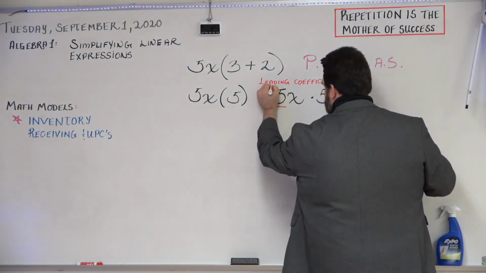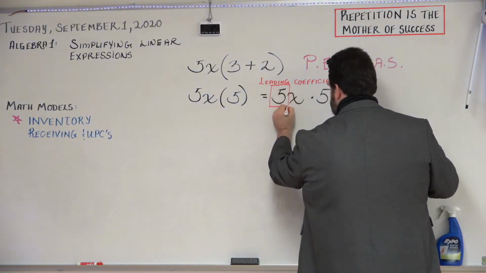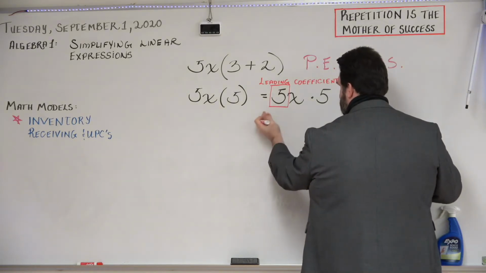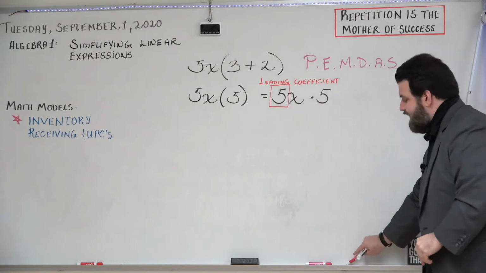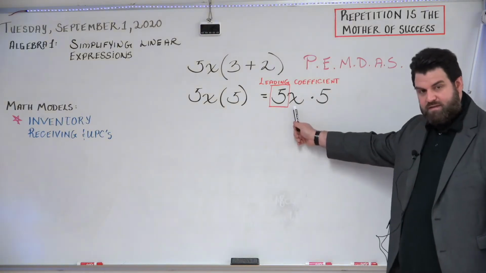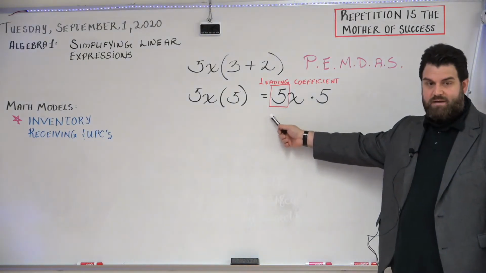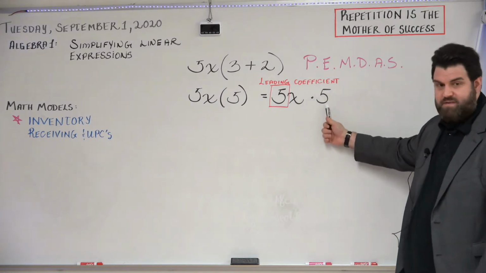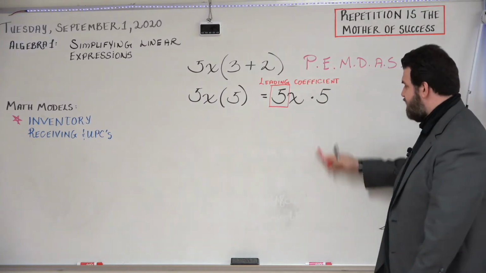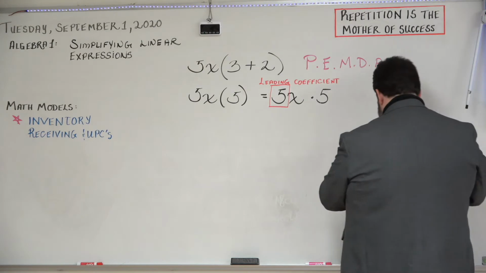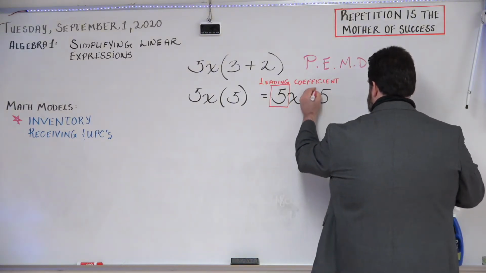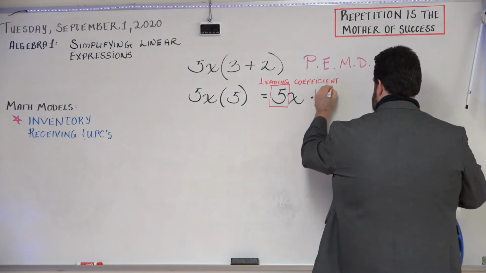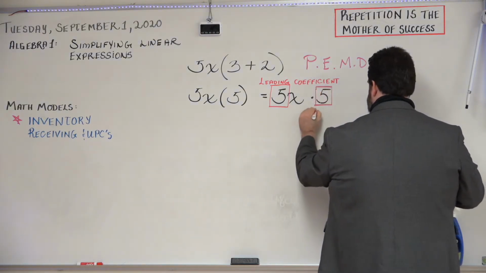Okay. So when you hear me say the coefficient, what I'm saying is the number to the left of the letter. So you have a variable, x, with a leading coefficient, 5, multiplied by this number. This number, 5, right here, has its own name, and that name is constant. Okay? So this is called a constant.